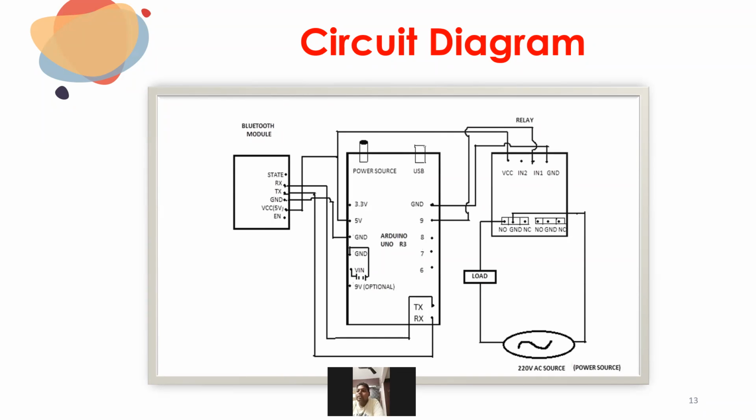And looking at the relay, the VCC, which is the power supply, is connected to the Arduino power supply, and the ground is connected to the ground of the Arduino. There are two ports here, IN1 and IN2. They are connected to pins 9 and 8 of the Arduino, which completely depends on the coding that has been done in Arduino.